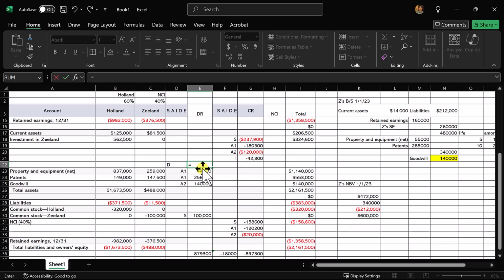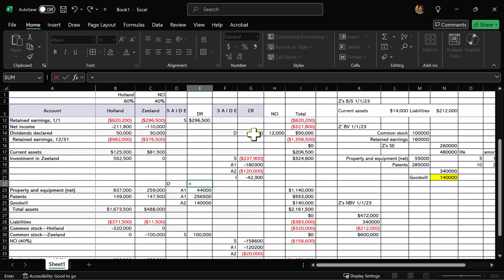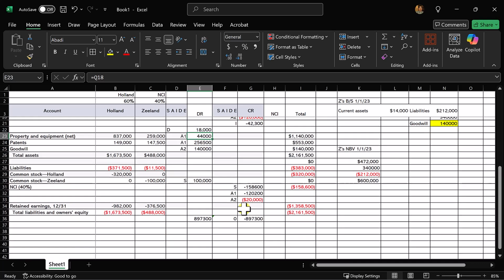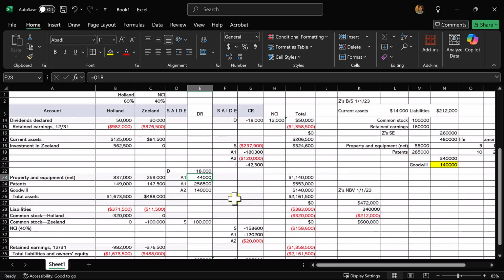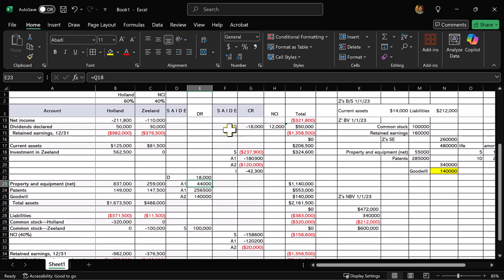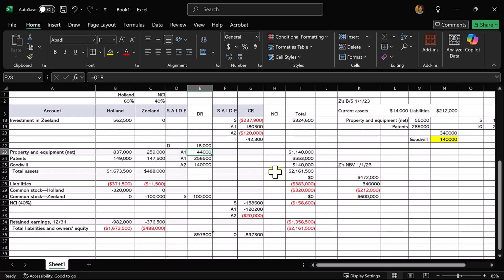I need the, let me minus this negative here. Am I balancing? Yeah, 0 here. Okay, so that was entry D here and here, leaving this balance, reducing, this is the debit now, the non-controlling interest, which we eventually will total at the bottom, and then include that total in the consolidated financial statement.